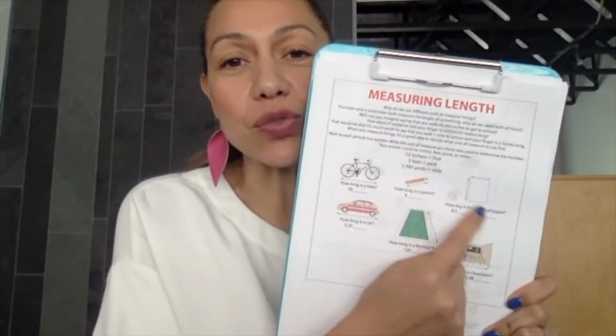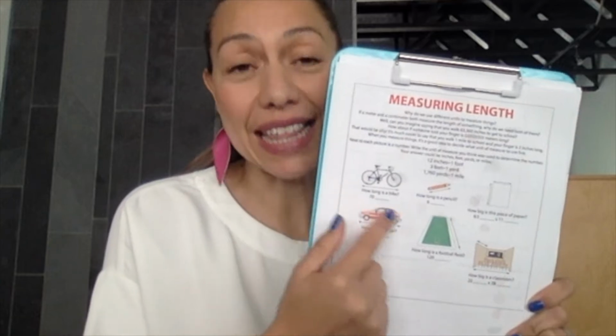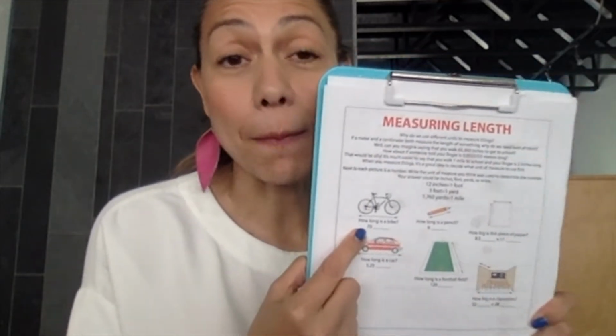And then down here, this is new. We haven't learned this one. 1,760 yards is the same as 1 mile. Okay, so what we're going to do is look at each one of these drawings of these things. They've already given us the measurement.